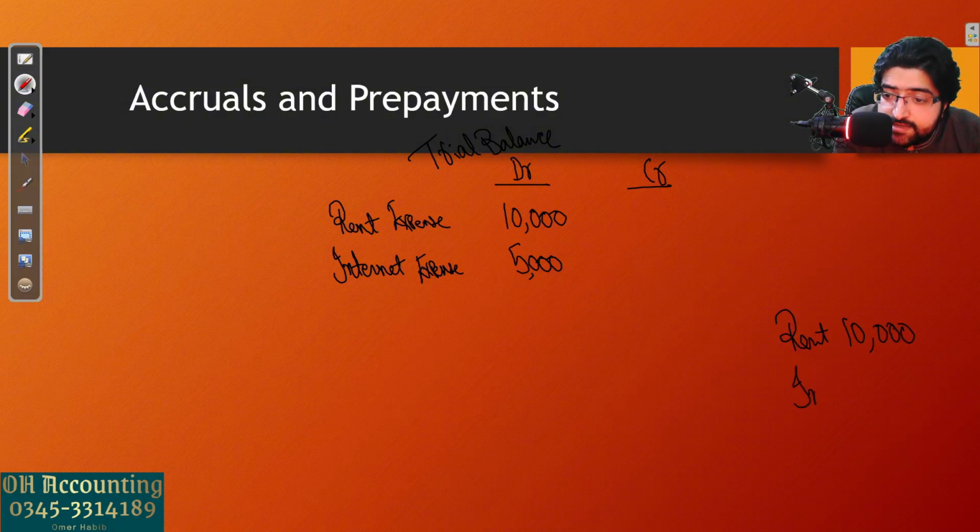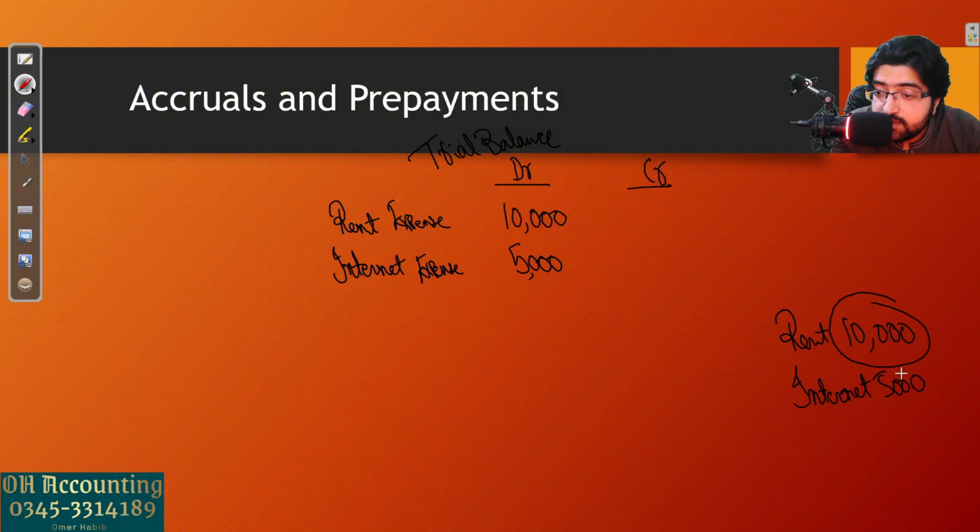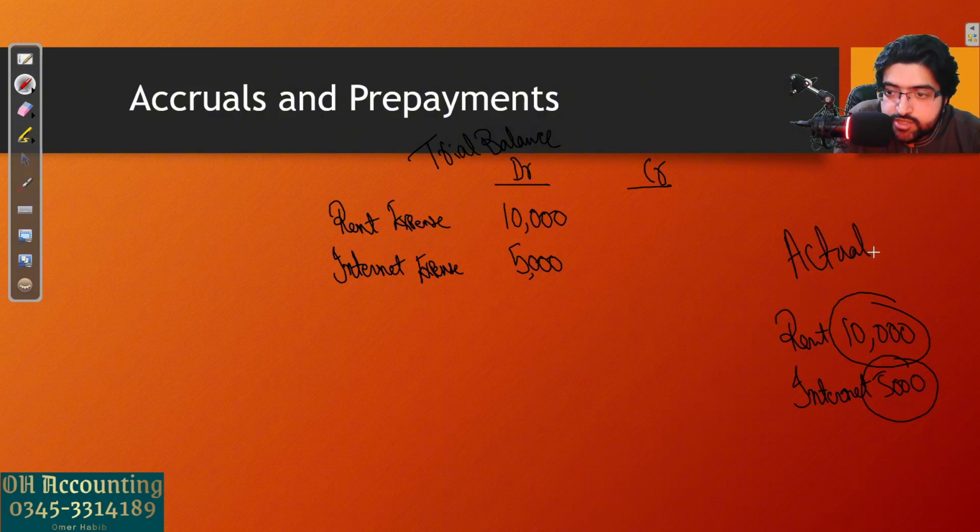And for internet, I have paid $5,000. Okay. This doesn't mean that this was the expense of rent during the year or expense of internet during the year. This just simply shows how much money I actually paid. Actual payment made.